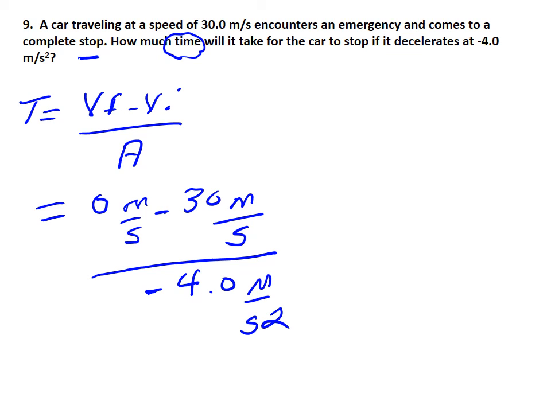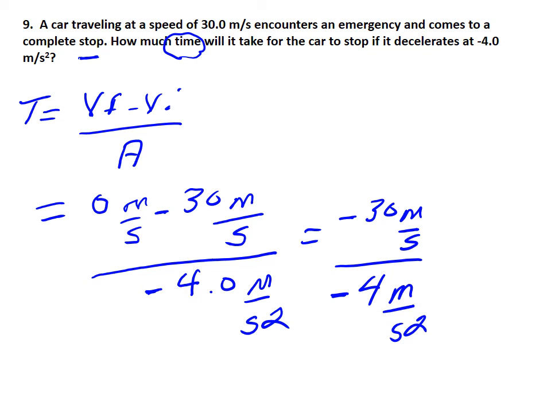So 0 minus 30 would give me minus 30 meters per second divided by a minus 4 meters per second squared. Meters cancel, one of the seconds cancel, this other second comes up because we're measuring time. A negative 30 divided by a negative 4 is going to be equal to 7.5, and the units are seconds.